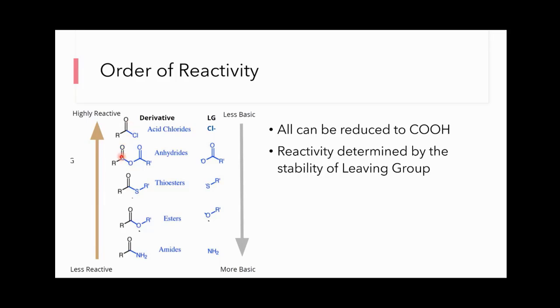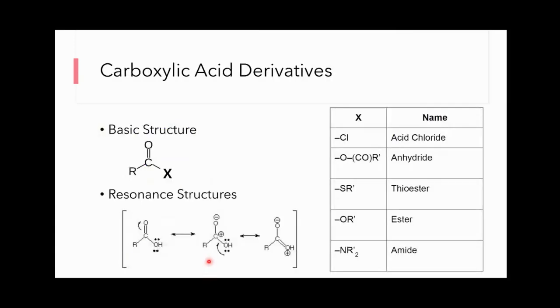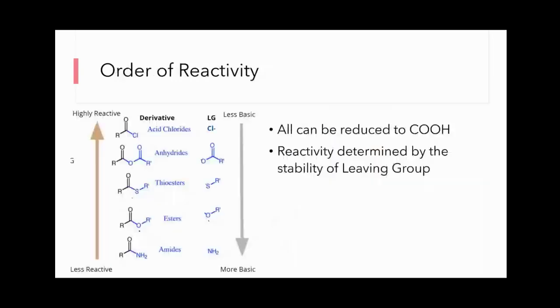The most reactive is acid chlorides, and as you go down to amides, you get less reactive. This is determined by the stability of the leaving group, the X that it's attached to. So we're ranking it on the stability of this X when it leaves.